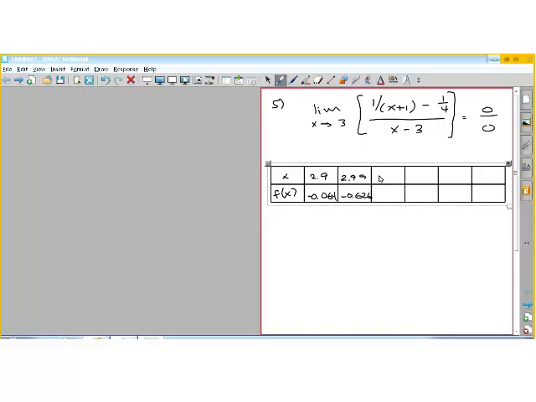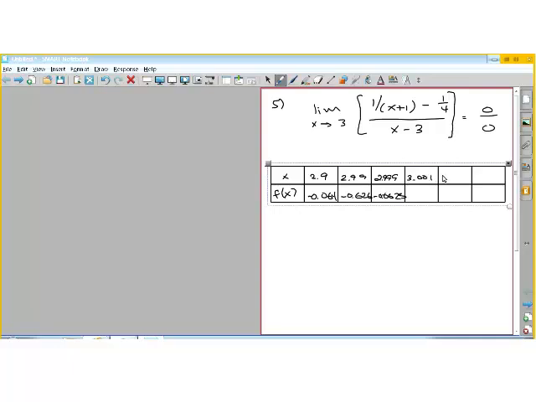So that's 2.99, and then we have 2.999. We plug that in, push enter, and we get negative 0.0625. So it looks like it's approaching negative 0.0625.